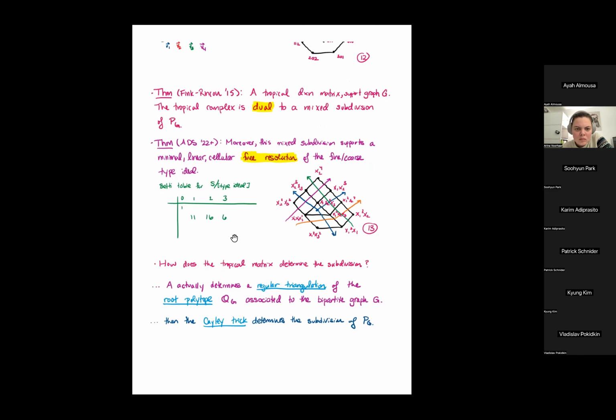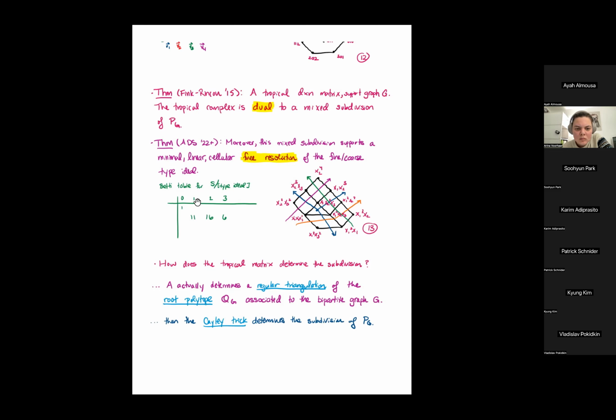And so what we were able to show is actually this mixed subdivision does more. It actually supports a minimal linear cellular free resolution of the fine and coarse type ideal. And I'm going to focus on the combinatorics a little bit in the first half, and then I'm going to talk a little bit more about free resolutions in the second half of the talk. I just thought I would mention this now.